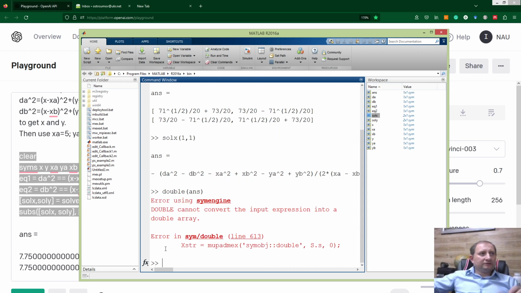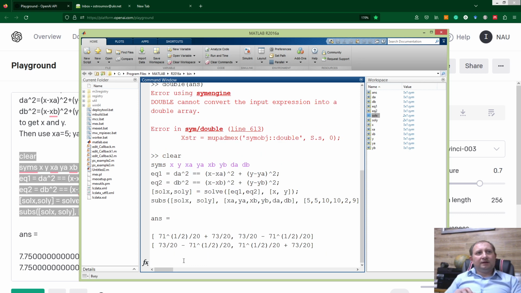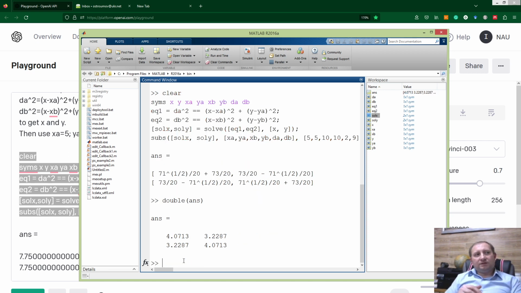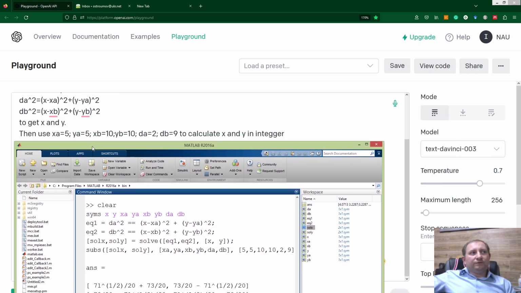Oh, sorry, I forgot that we used solution X. Okay, maybe I recalculate everything and then just use double on answer. And here we are. We have our results. It will be two points with coordinates 4 and 3 and 3 and 4, which give us a solution of our navigation equation based on input data that we specified in our request.